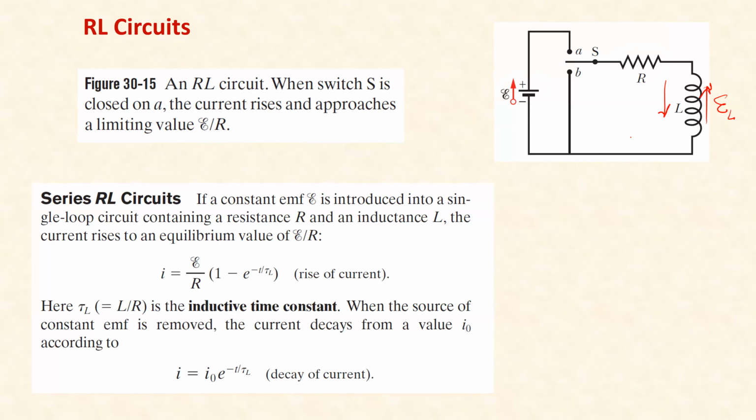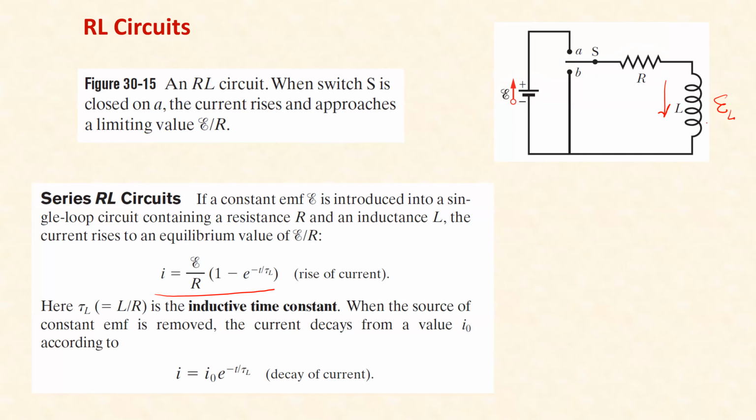There's no room here, but I just wanted to mention that you can calculate this the same way as I did for the RC circuit. This is called an RL circuit.